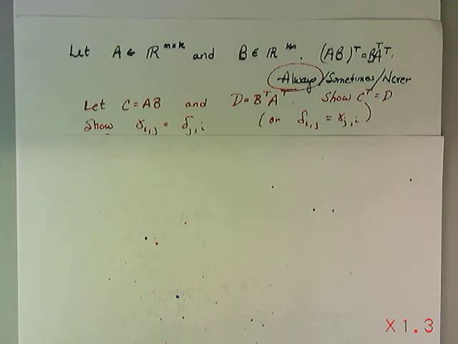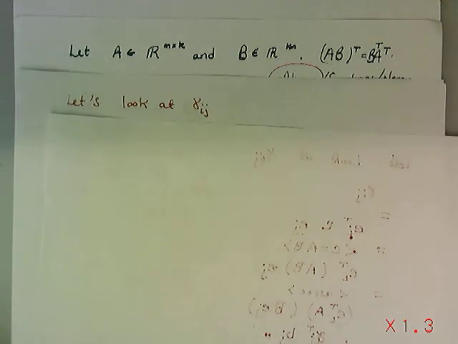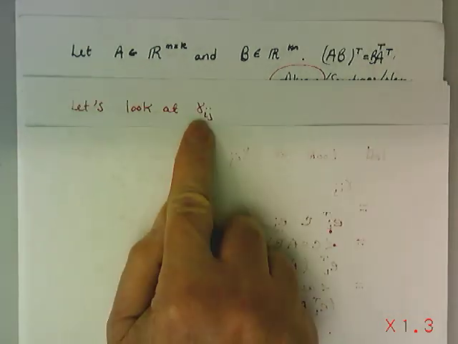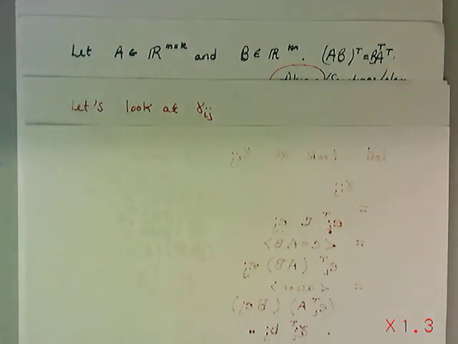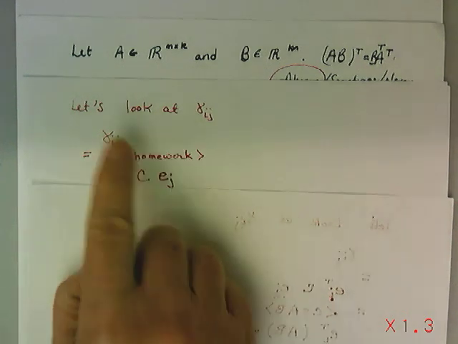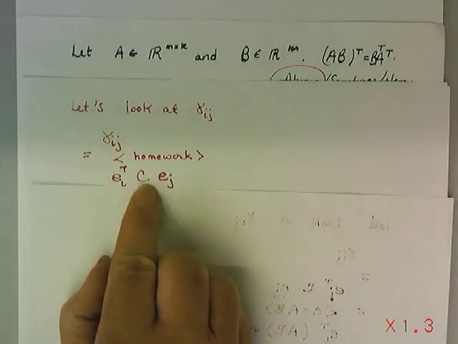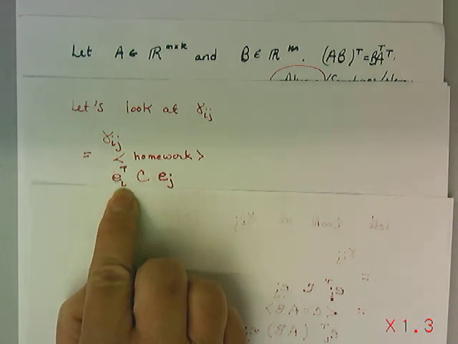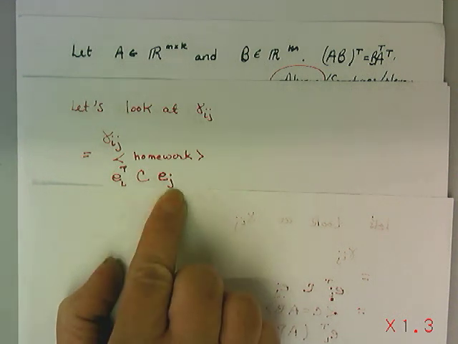So what I did was I first looked at what the ijth entry in C might be. And I remembered from one of the homeworks that we did that we could find the ijth entry in any matrix by pre-multiplying by the transpose of a unit basis vector and post-multiplying by a unit basis vector.